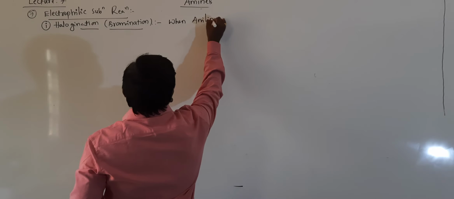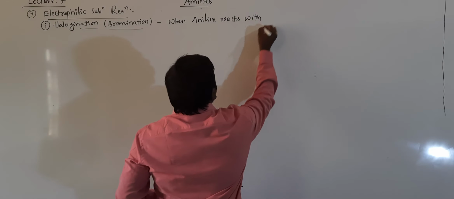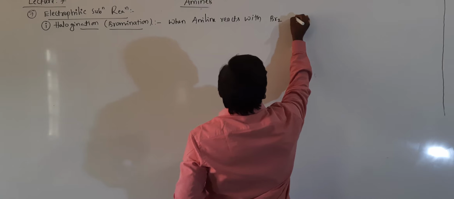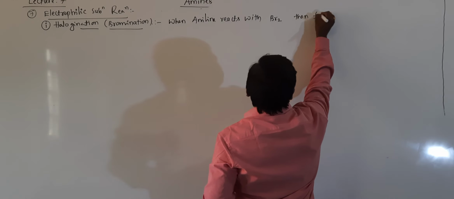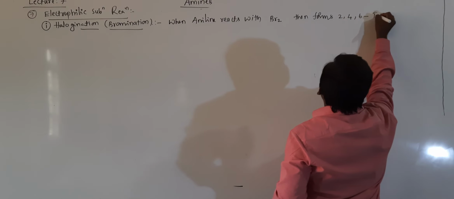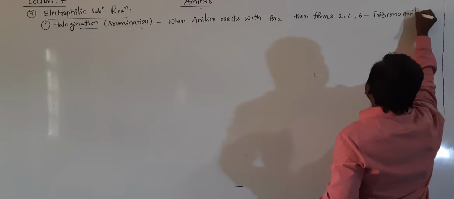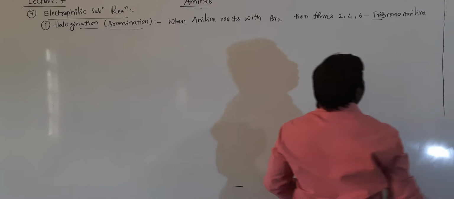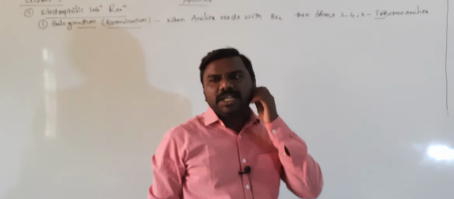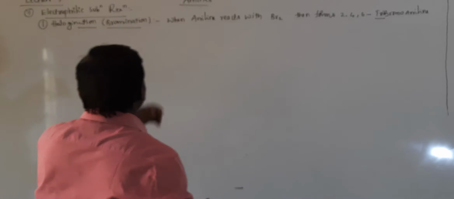When aniline reacts with bromine, then forms 2,4,6 tribromo-aniline. It is a white PPT, tribromo-aniline, which is a white PPT.